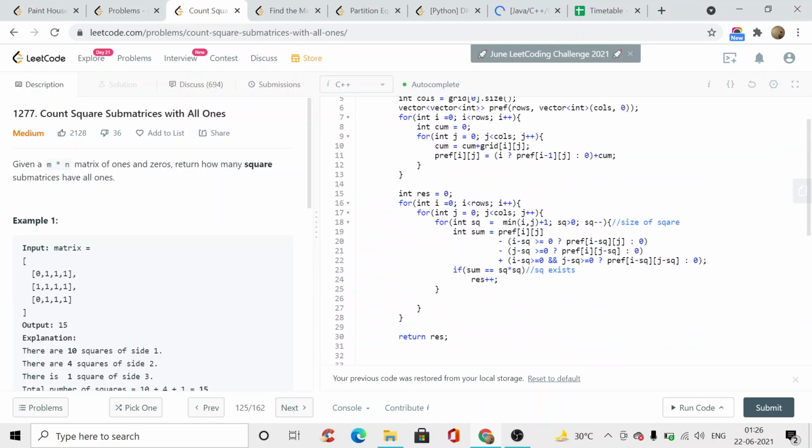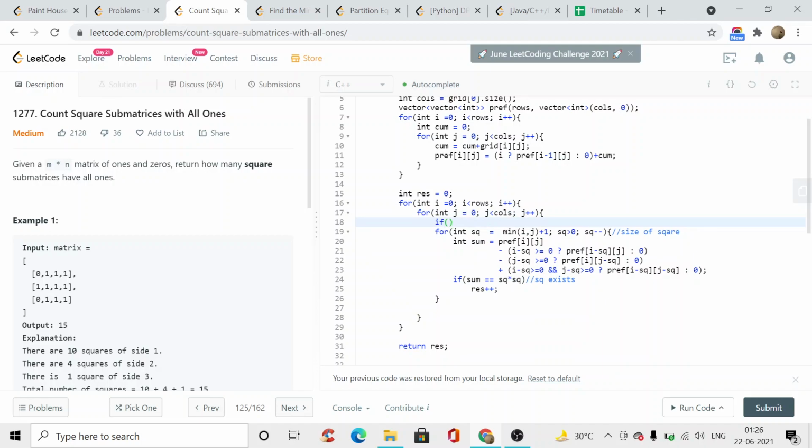So whenever we are over here, we can just skip that value. If grid of i and j is equal to 0, then continue. We do not add anything to this result.